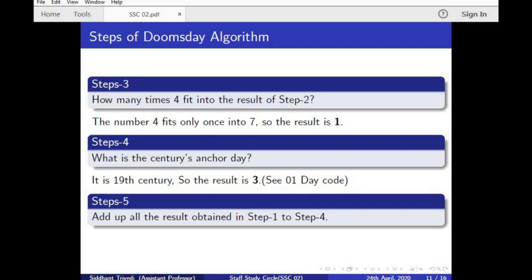Now let's see step number 5. Add up all the results obtained in steps 1 to 4. So the total of 7, 7, 1 and 3 is 18.